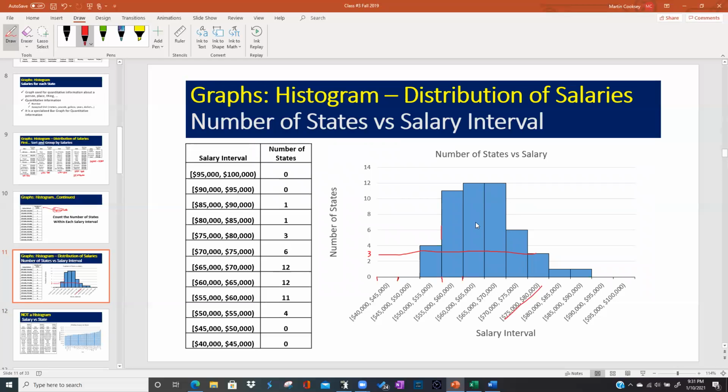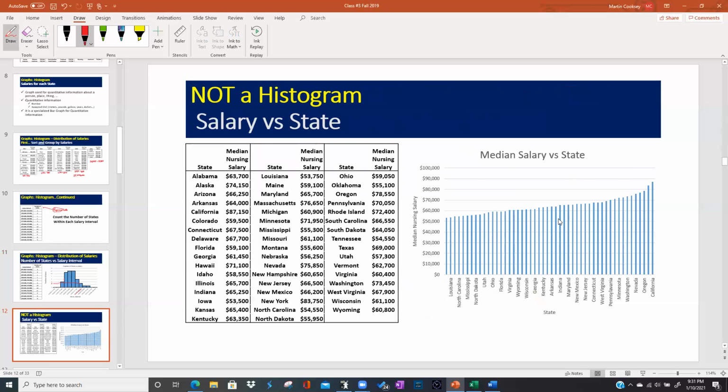And remember what I said before, that if I had to pick a typical value, these values seemed to be showing up the most. So we could talk about typical values, and later on we'll talk about averages and things like that. But this is not a histogram.